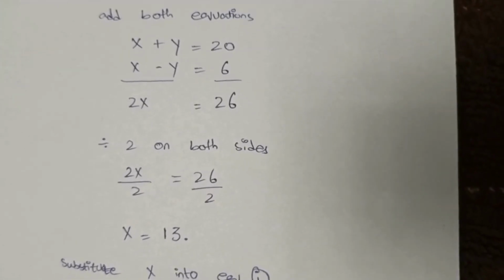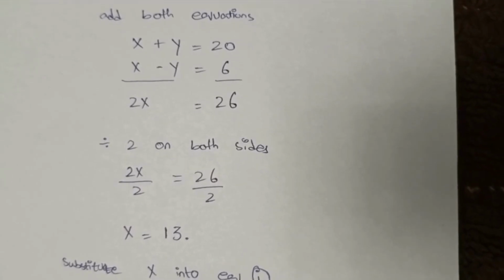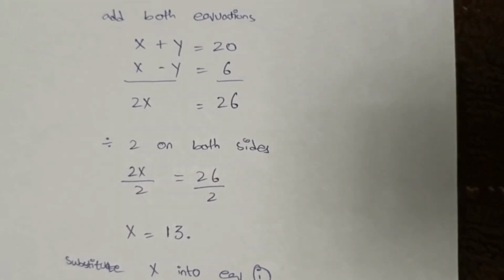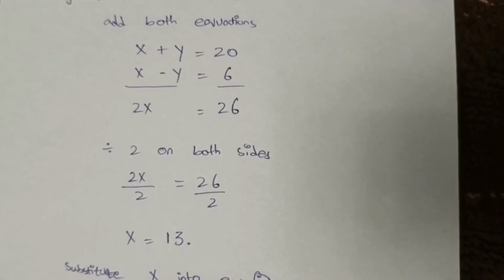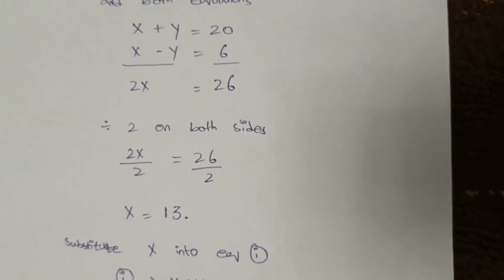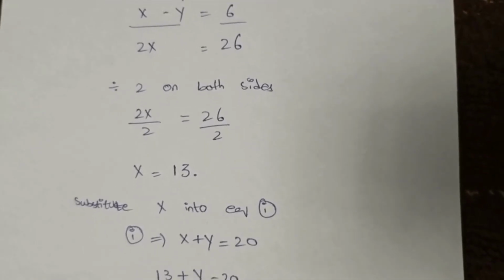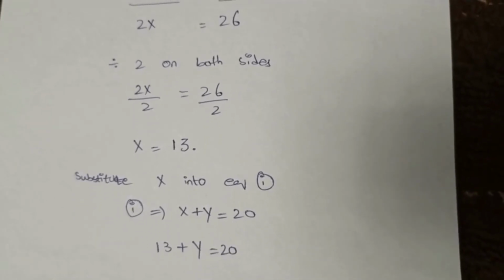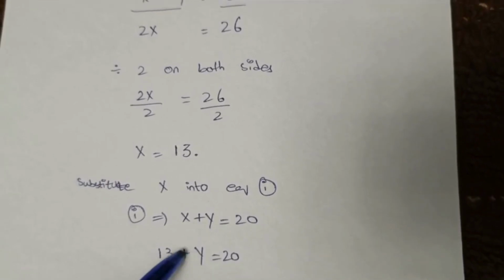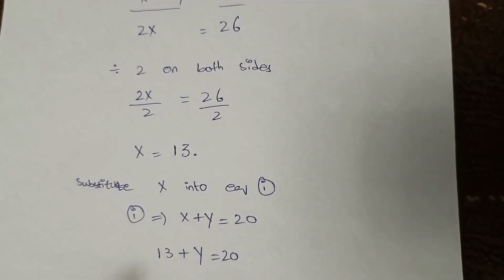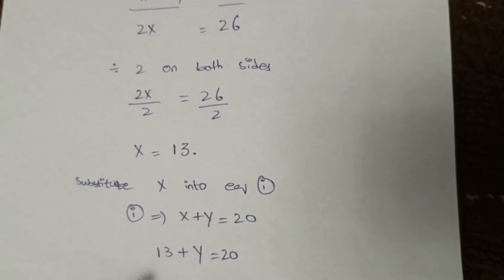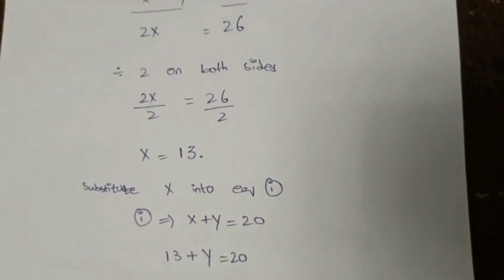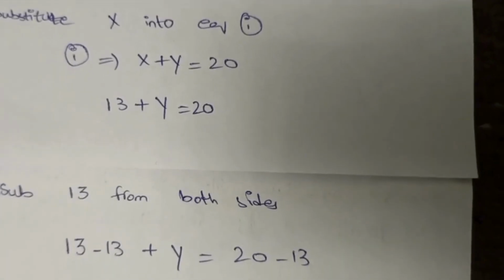Now in the elimination method, when we get our first variable, we substitute that variable into any of the equations. So I substituted x into equation 1, and equation 1 was x plus y is equal to 20. Upon substitution, 13 plus y is equal to 20.